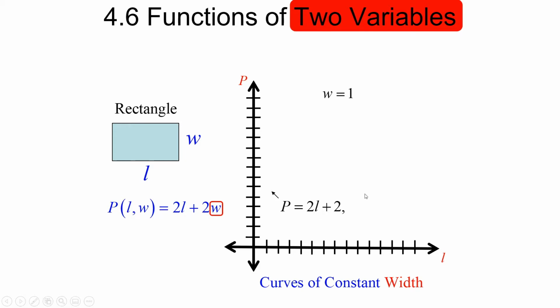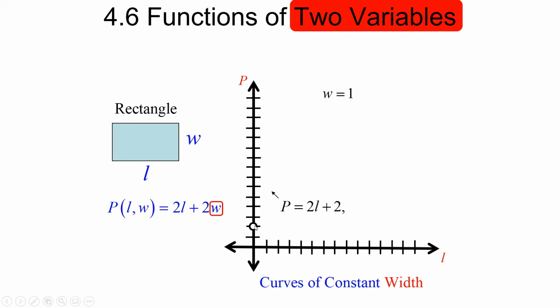And now let's graph this. But again, this is real world here. We're talking perimeter of this rectangle, so there's going to be a restricted domain. Think about that. Now, if I was just graphing P equals 2L plus 2, I would think, okay, my y-intercept is 2, and I'd put a dot right there. But I'm going to put an open dot right there because, horizontally, this length right here cannot be 0.